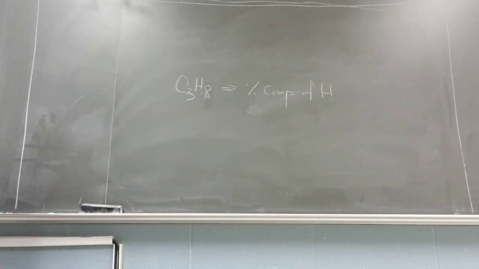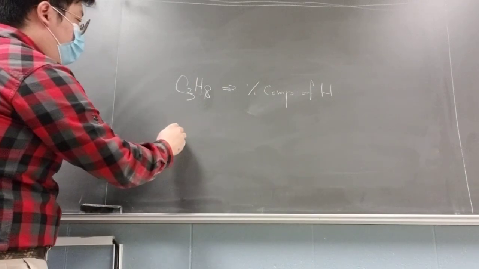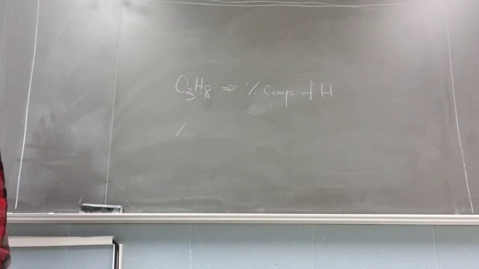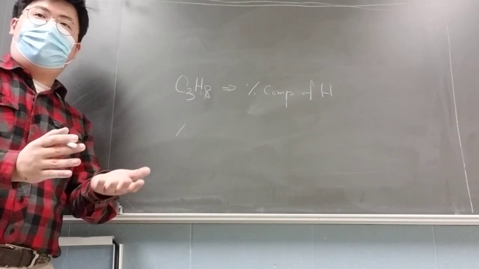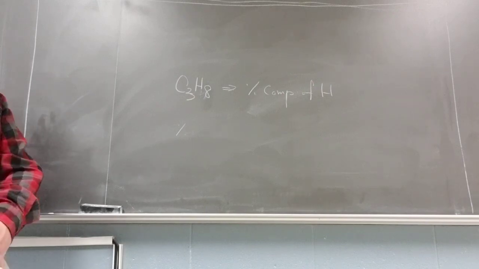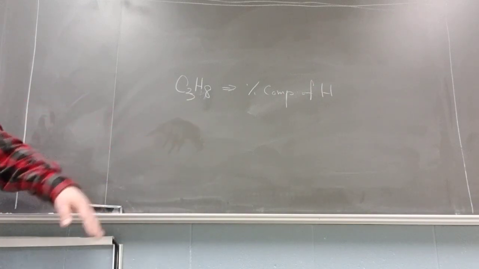I'll give you about 3 minutes. Try to find out what's the percent composition of hydrogen by mass in this compound. How many grams of this whole compound will be determined by hydrogen? That's what it really means.